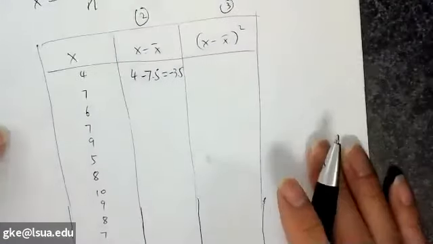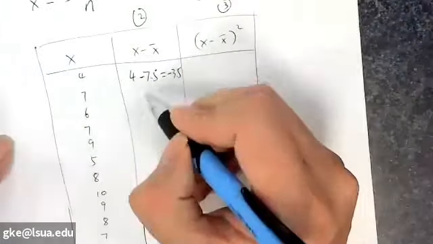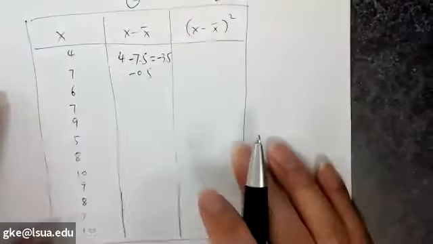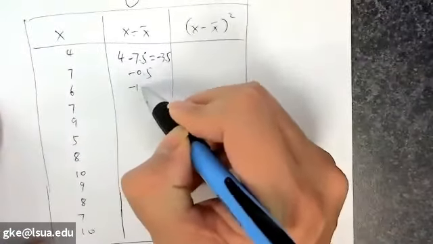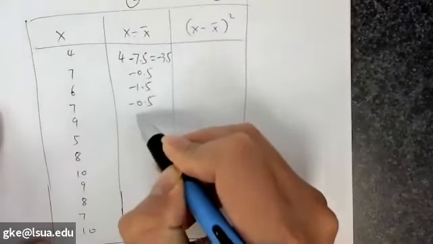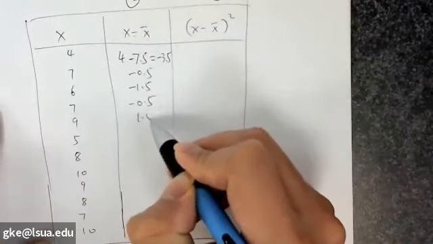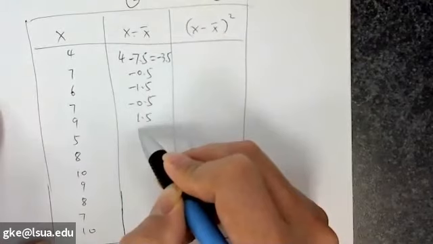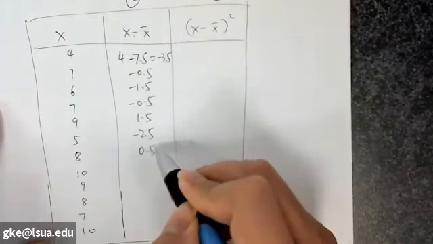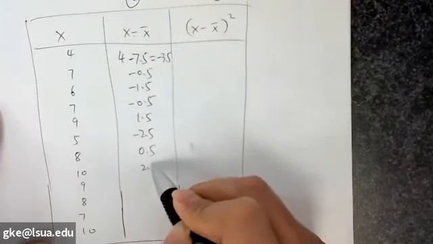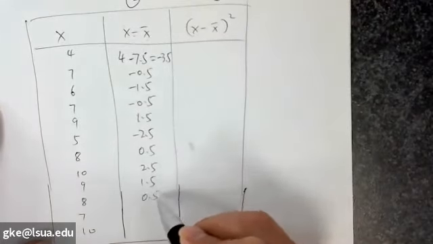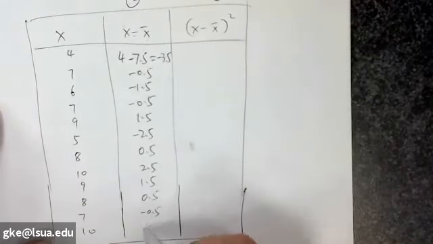Right? And 7 minus 7.5 is negative 0.5. 6 minus 7.5 is going to be negative 1.5. Then I just copy it: 5 minus 7.5 is negative 2.5, then 0.5, 10 gives 2.5, 8 gives 0.5, and so on, up to 2.5.